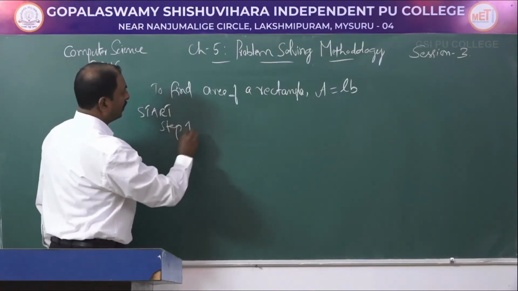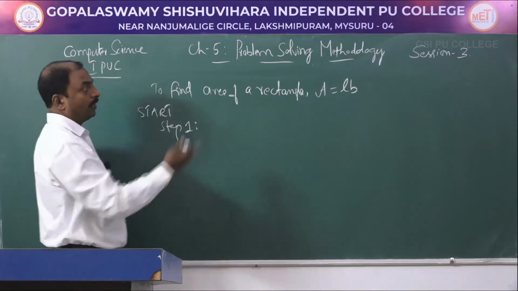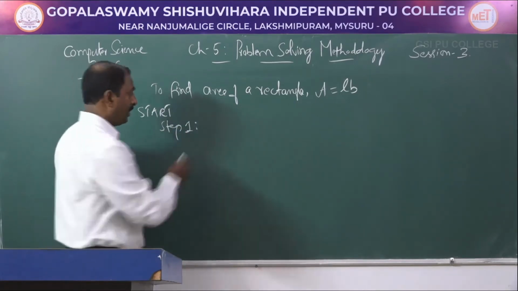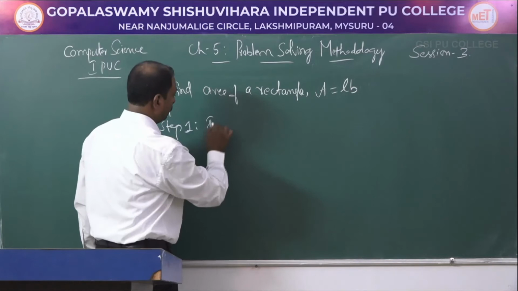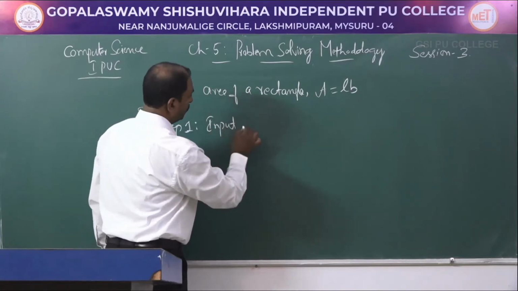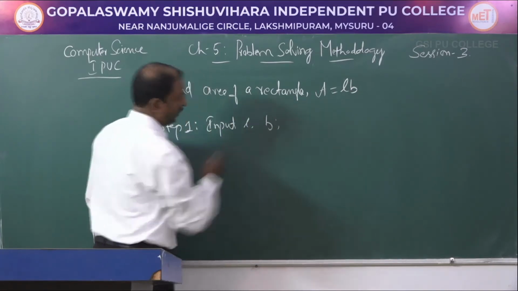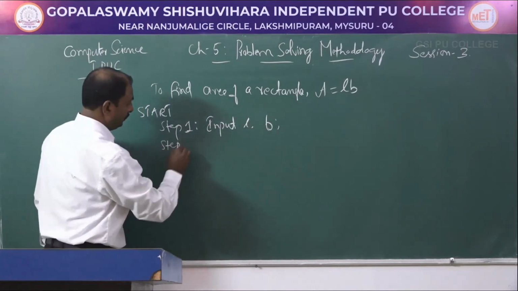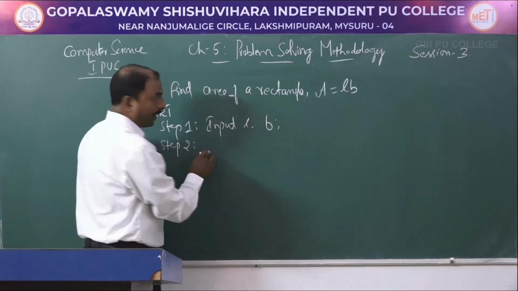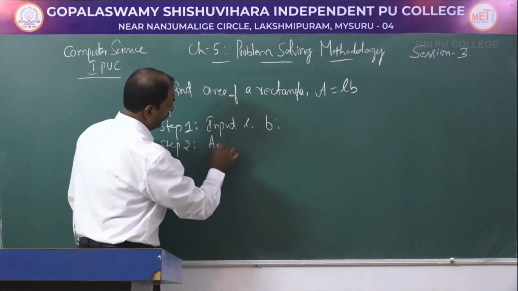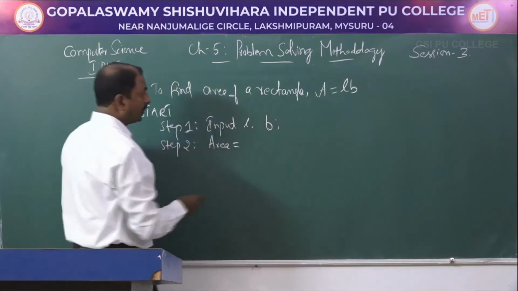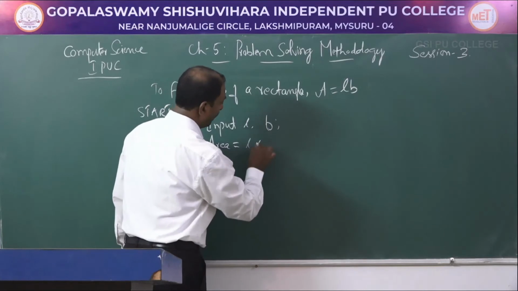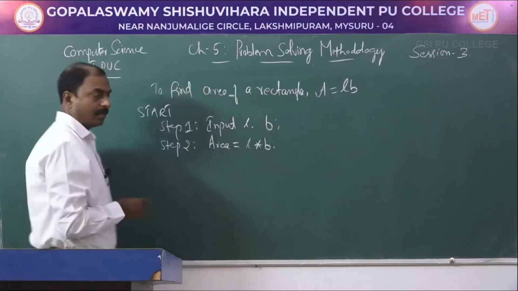Step 1. What is step 1? We have to input the values of L and B. So we can write input L, B, length and breadth. Step 2, applying formula. So we can write area equals L multiplied by B.